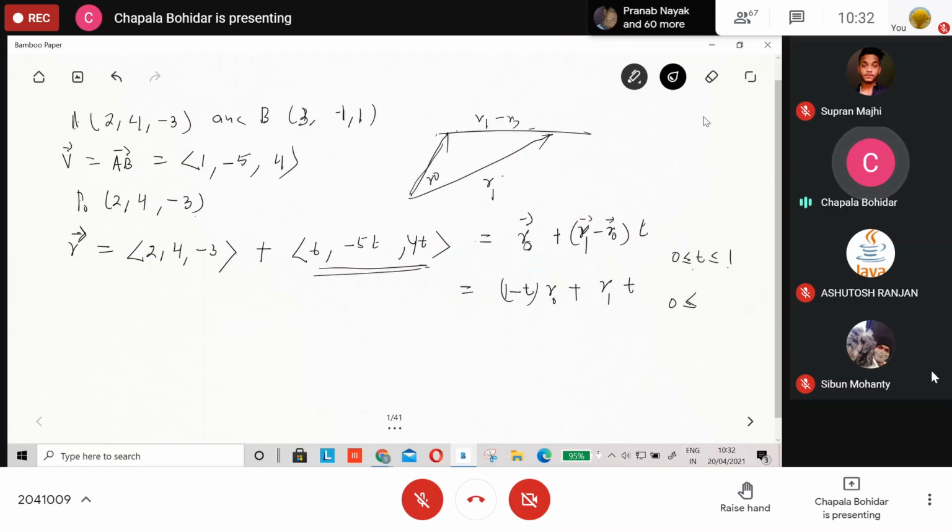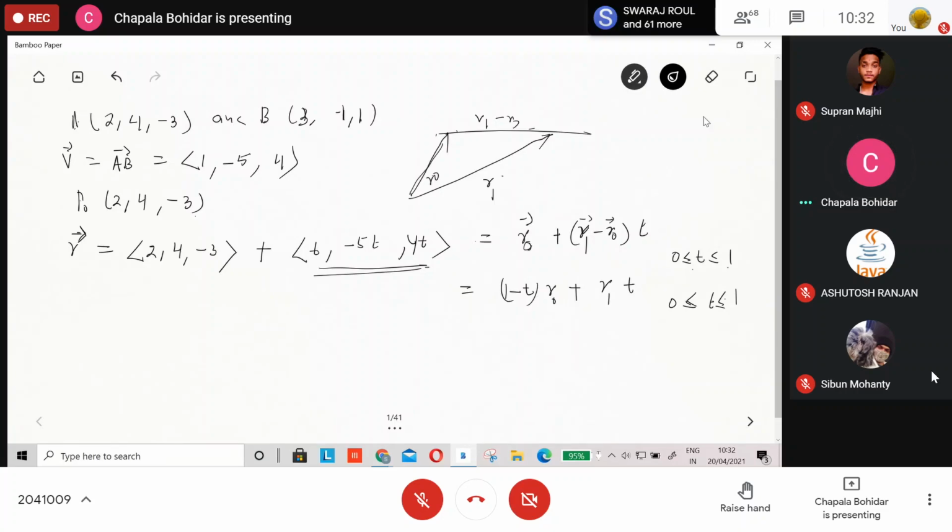So you can use this formula for 2 points present on the line. This is called the vector equation having 2 points, the line segment from R0 to R1. Clear?